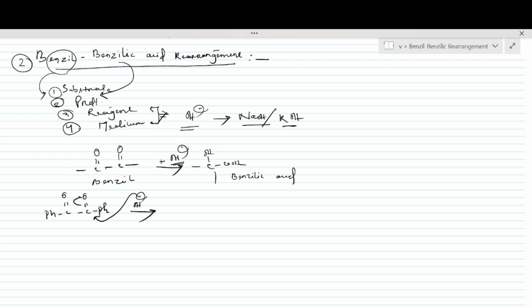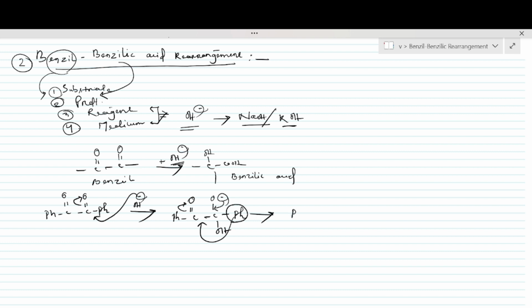Then the double bond migrates towards oxygen, and this ionic intermediate forms. After that, the double bond forms again and the group present initially migrates to the next carbon, and the double bond again migrates over the oxygen.